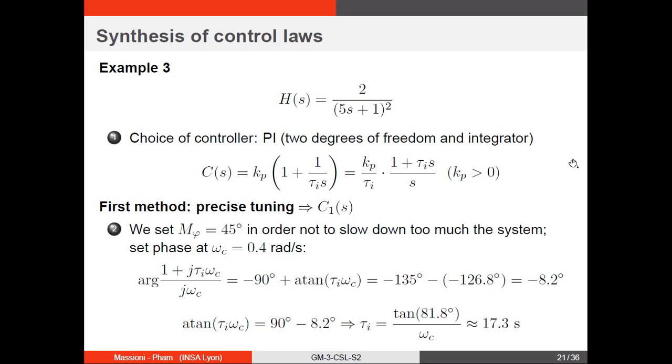We have set the phase at the crossover frequency, but we haven't really set the crossover frequency yet. So we need to tune Kp in order to get 0 dB for omega equals 0.4 radians per second. How do we do it?